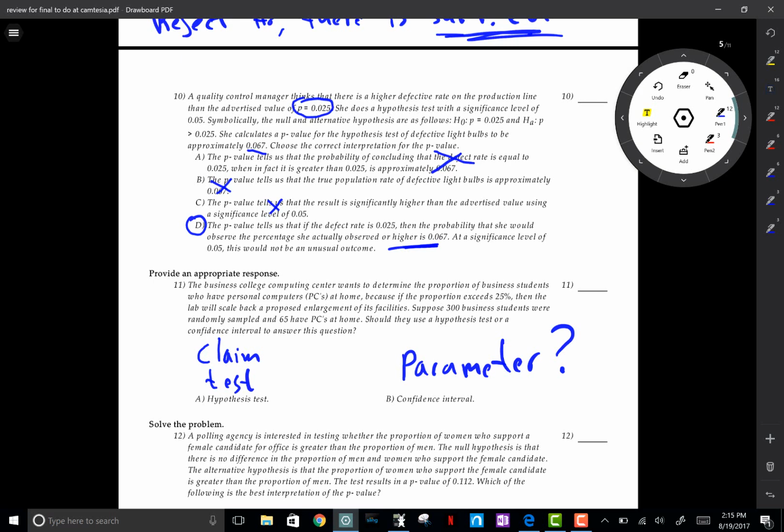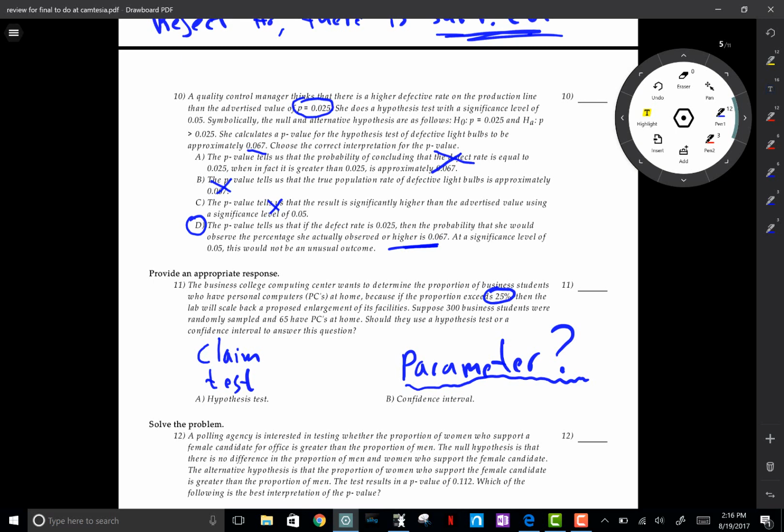So for this one, they're not really looking for a parameter, because they already have what they think the proportion should be. If it's 25% or less, they don't have to renovate the facility. They could just leave it as is. But if it's greater than 25%, then they have to do some renovation.